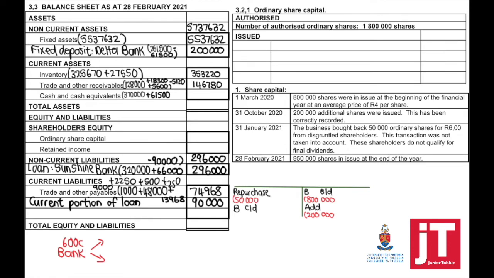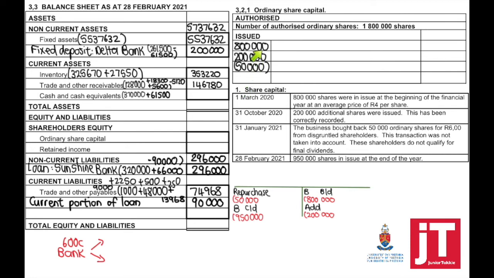So looking at this, I always use a T account as a tool to see what information I have got and where I can find the missing figures. So if I start with the balance brought down, we have 800,000 shares in the beginning. Additional shares were issued, 200,000. 50,000 shares were repurchased, and the total price was R6.60 per share.